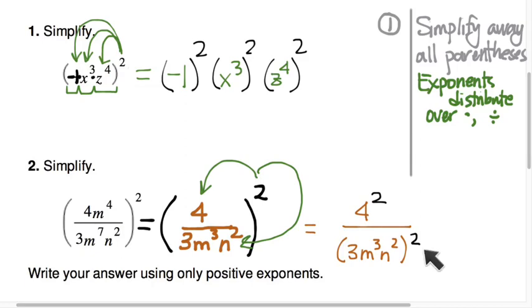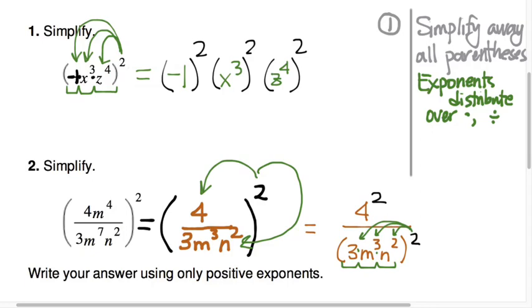But then again, I've got an exponent here with a multiplication inside the parentheses, and so what do I do there? Same thing. Distribute the 2 across the multiplication inside that set of parentheses.